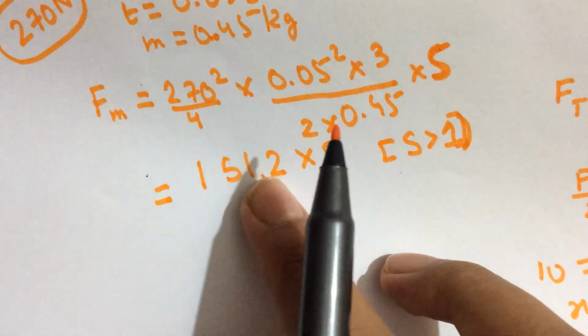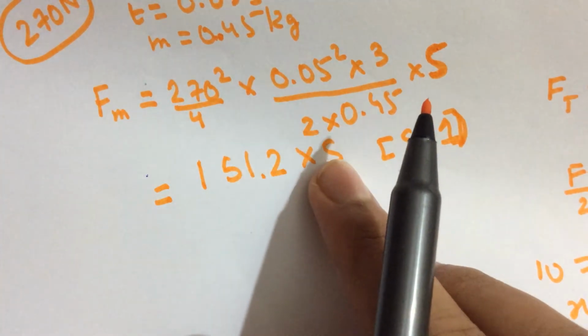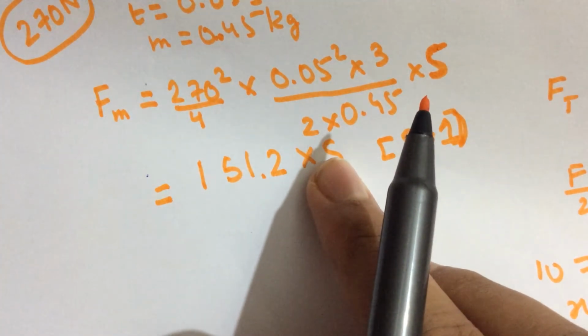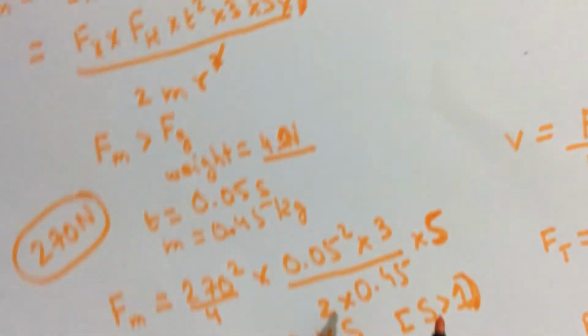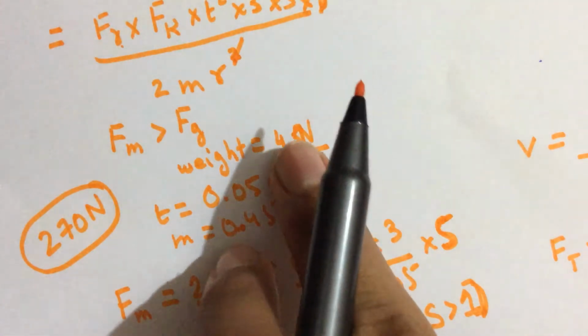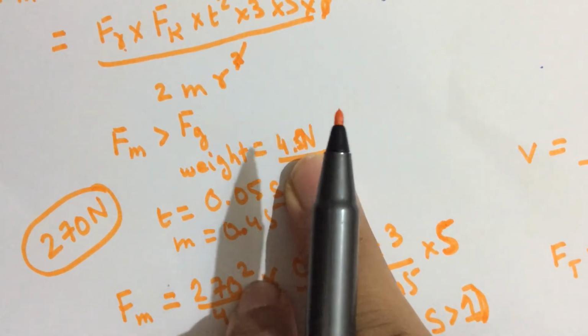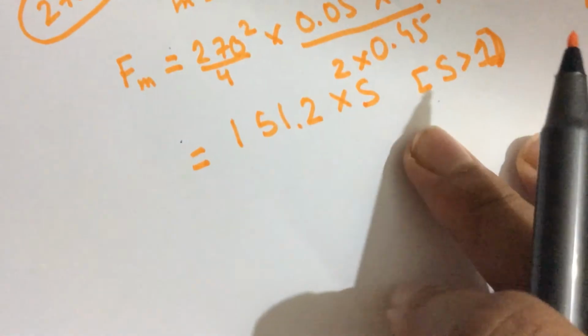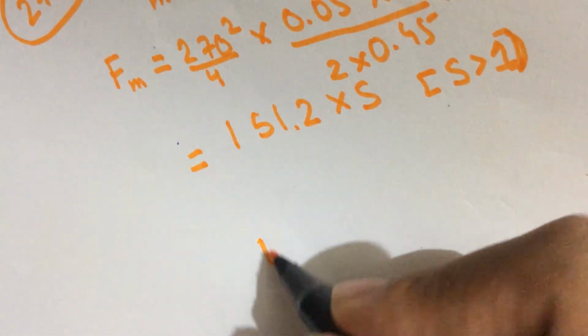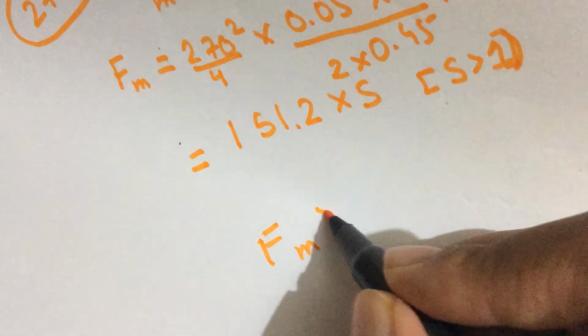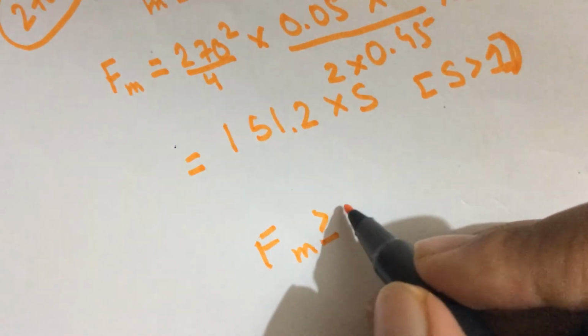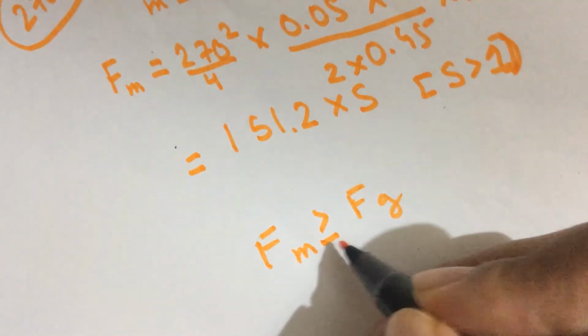For Fm, I've got 151.2 into some number greater than 1, maybe 1.1 or 1.01 or 1.023 or something like that, versus a mere 4.5 newton. So I can easily say that Fm can equal or be greater than Fg. In fact, it'll always be greater.